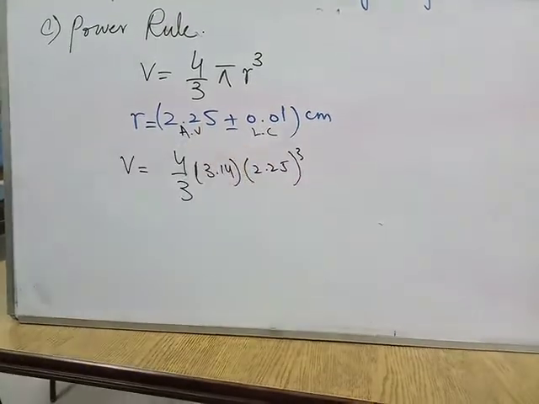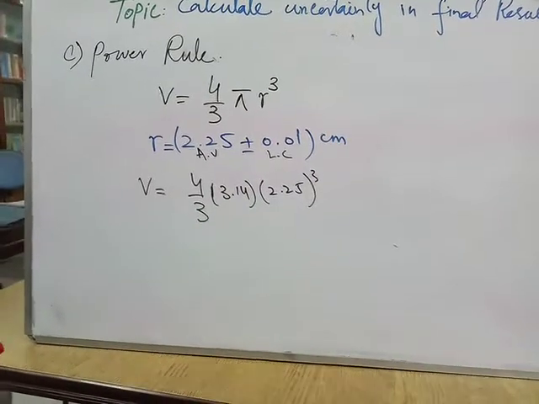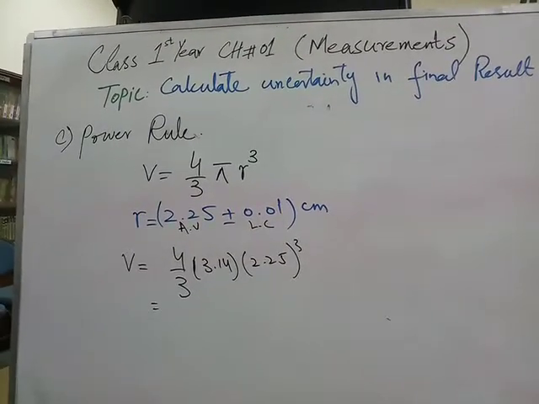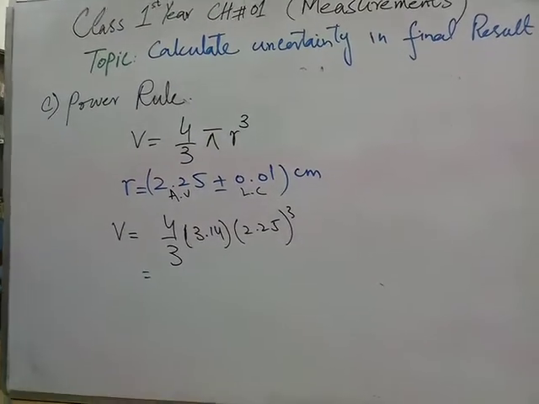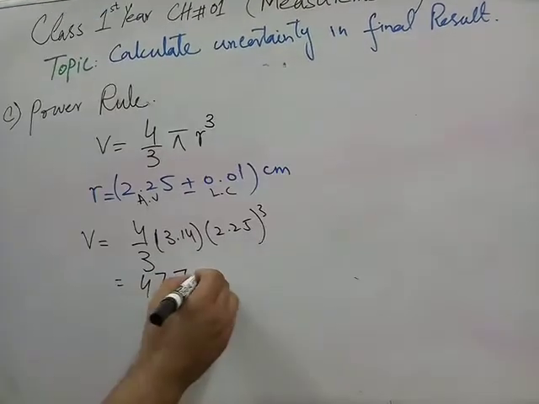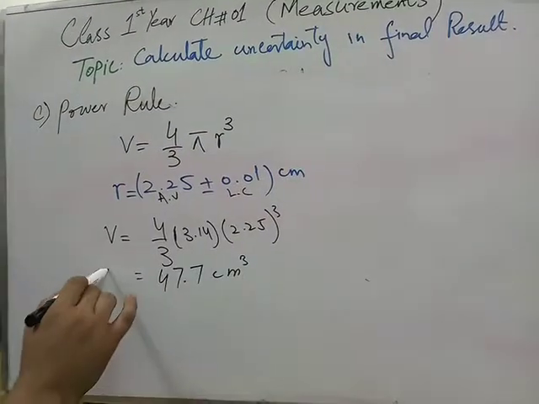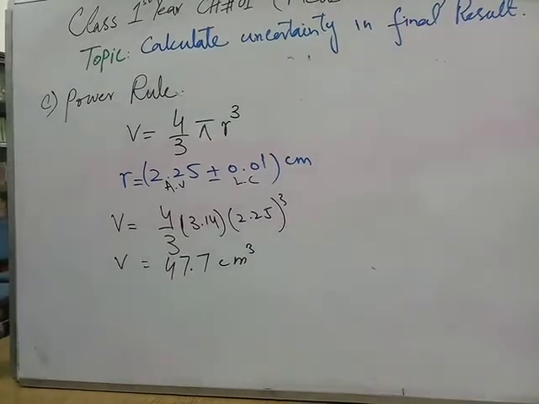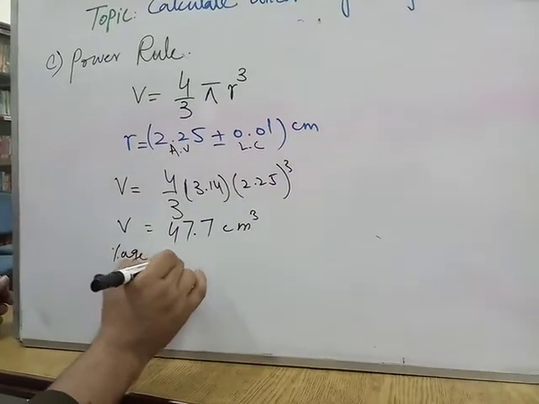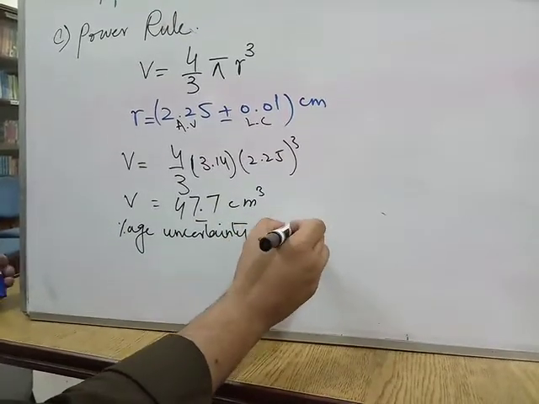We use the actual value for finding the actual value of V, which you can calculate, and it is equal to 47.7 centimeter cube. Now I am finding the uncertainty in volume V. For that I am going to first find the percentage uncertainty in R.